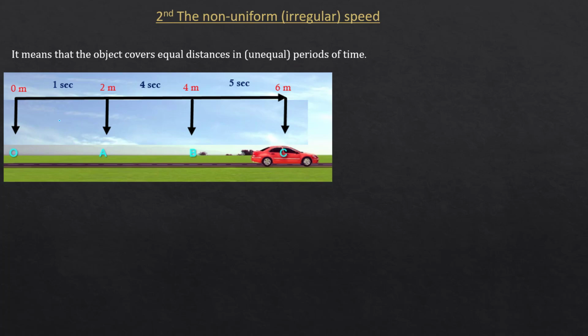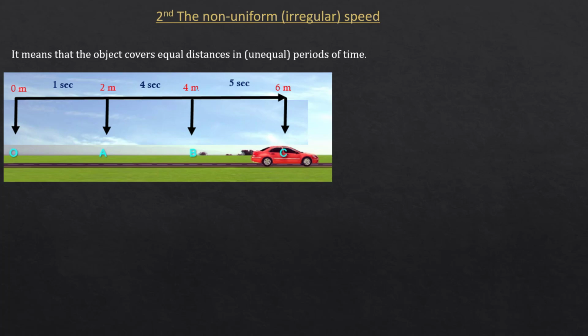Like what? Like here, from O to A, the car covered 2 meters, that's right. So the distance here is 2 meters and the time is 1 second. From A to B, the car also covered 2 meters, from 2 to 4 meters, but the time here is 4 seconds.